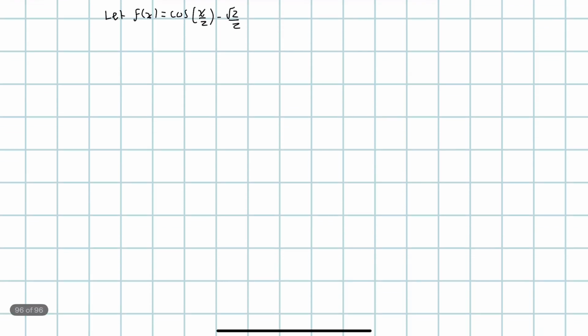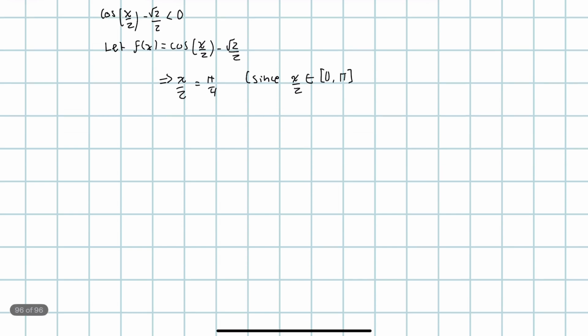Now for cosine of x over 2 equals root 2 over 2, we can rewrite this as x over 2 is equal to pi over 4, since x over 2 is going to include 0 to pi because of the fact that x was 0 to 2 pi. So essentially what you did was just divide everything by 2, and that was where that came from.